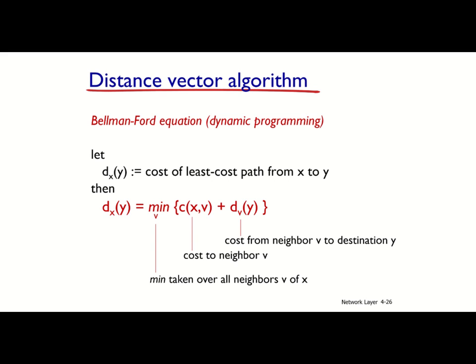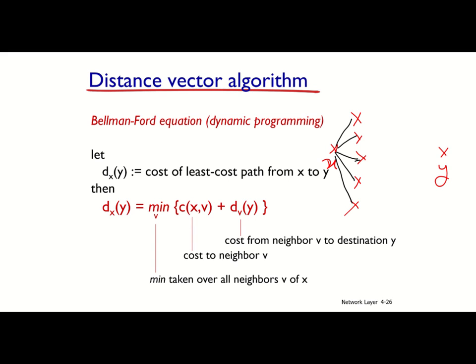So if you want to schematically draw x, v, and y, let's assume that here we have x, and this is y, and we have a bunch of neighbors for x, and these neighbors are immediately connected to x with some links.